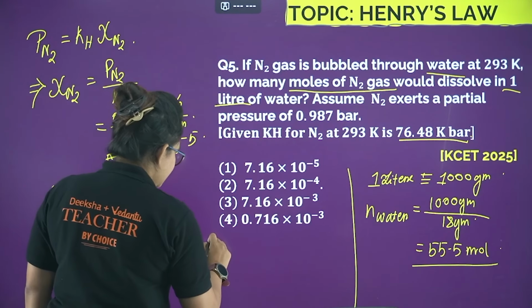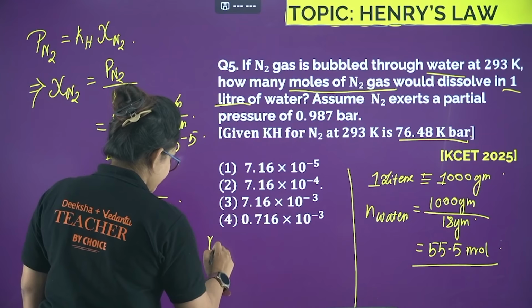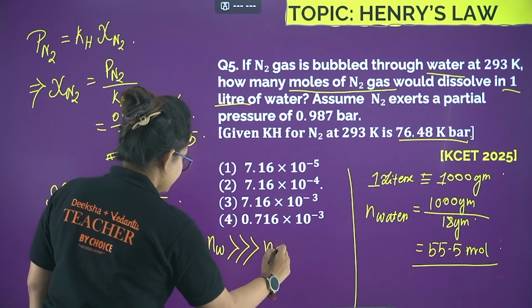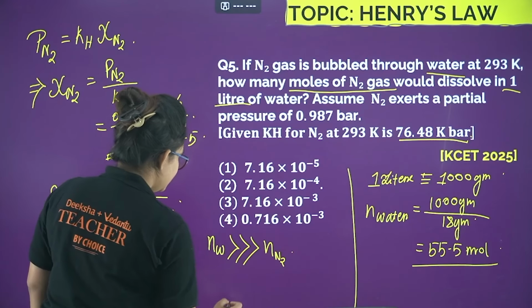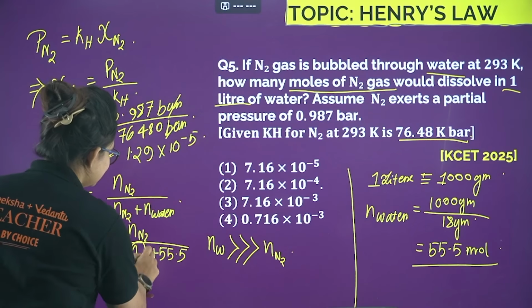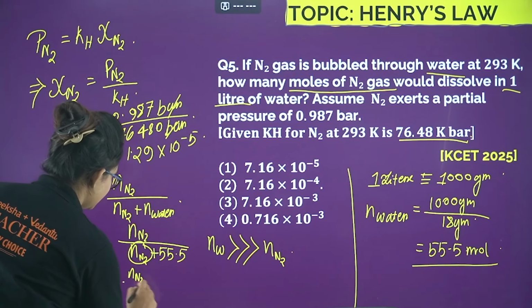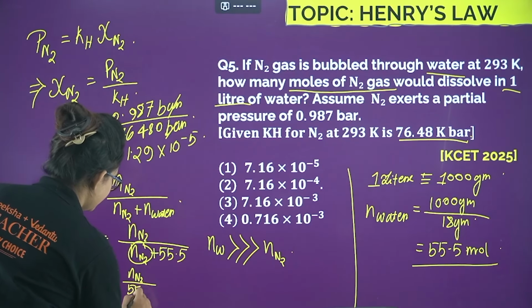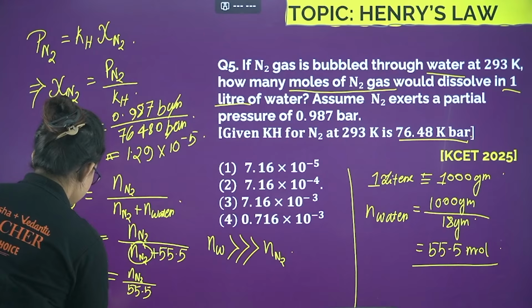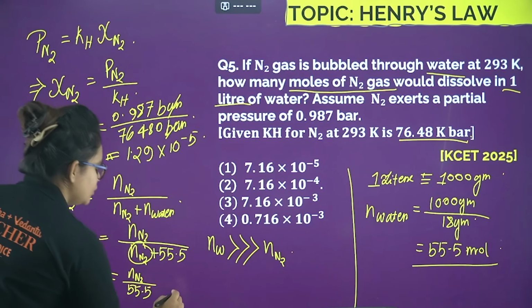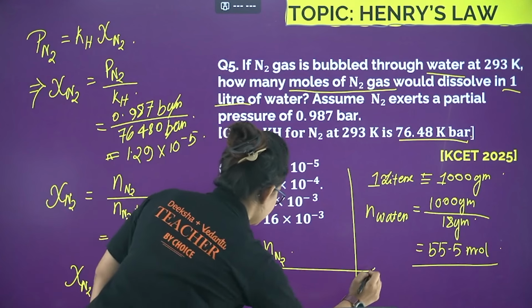Okay, so since the number of moles of water is much bigger than the number of moles of N2, hence we can neglect this particular term and we are getting the number of moles of N2 divided by 55.5, that is nothing but the x of N2, right? So x of N2 you know, then further let's proceed with the calculation.